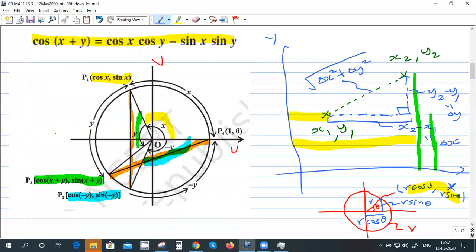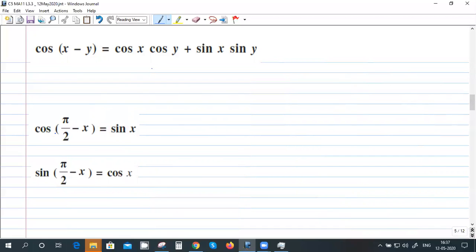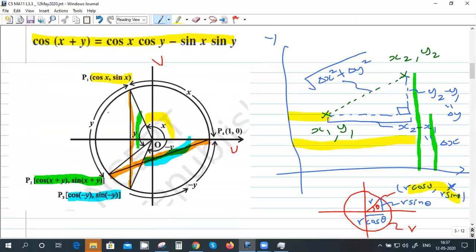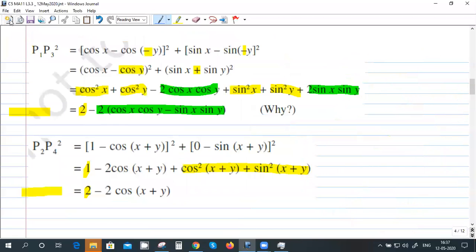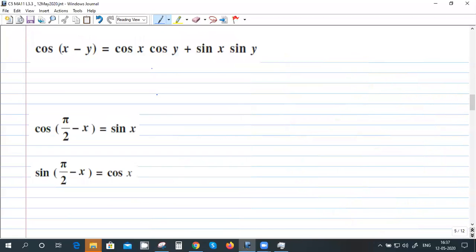Now for cos x minus y, shall we take a similar circle? Instead of that, what you can do is, in the previous one, put y equal to minus y. We already had the right formula for cos x plus y, so in this, instead of y, you put minus y, so that you don't have to do the hard work again.